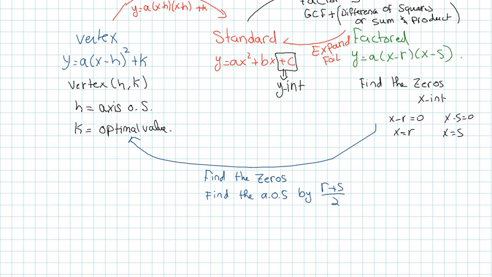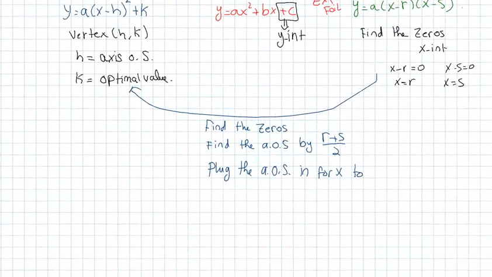And then plug in the axis of symmetry in for x to solve for the optimal value.